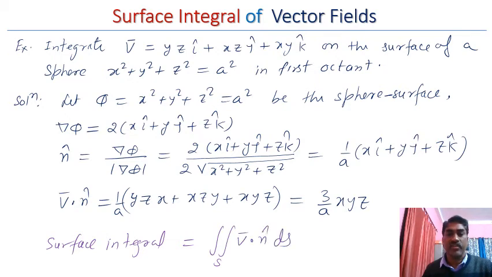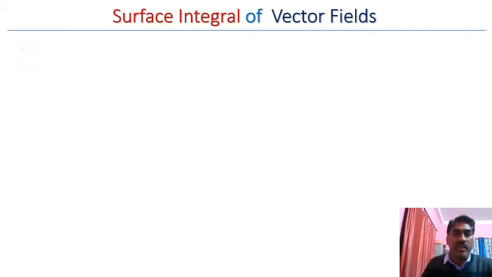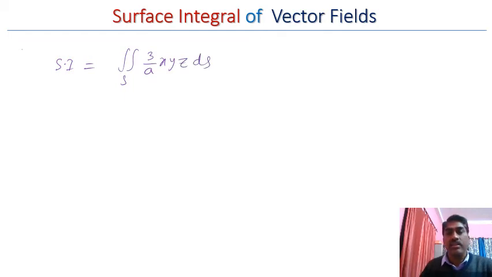We have just summarized this, so just write these values. We get the integral over the surface S of 3 by a xyz ds. And as we have already discussed, take the projection of ds on the xy plane.